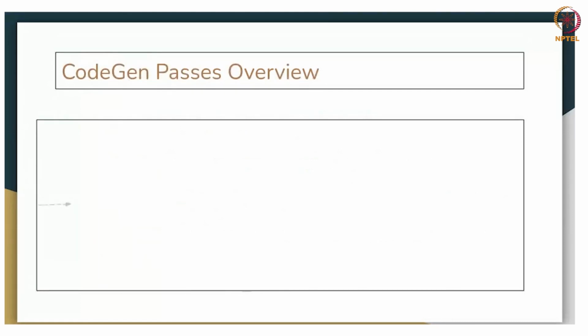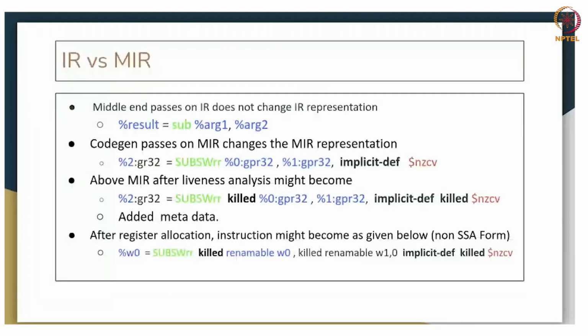I have one question here. For IR, we consider that we have an infinite number of virtual registers, so is it the same for MIR or not? MIR after instruction selection, yes, it's okay. After register allocation, it's not. Okay, thanks.